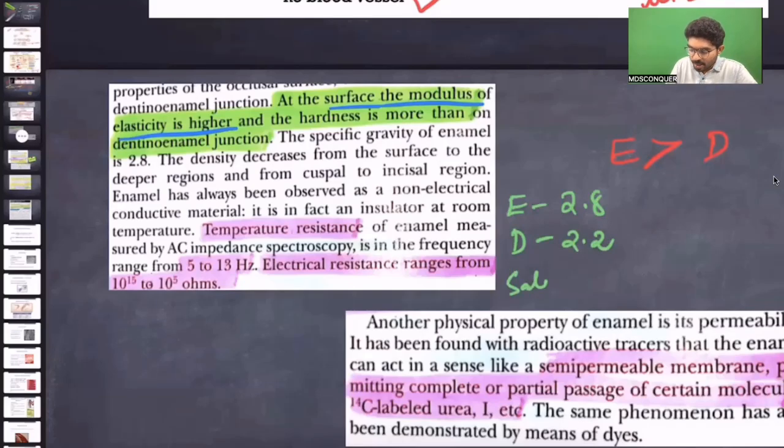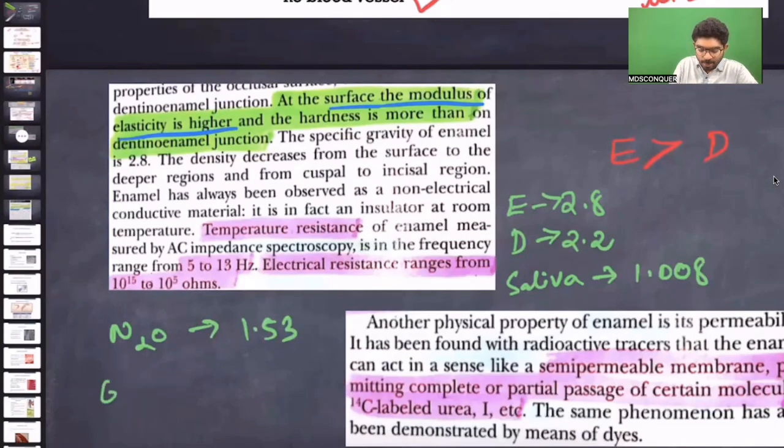Saliva, anyone can tell me the specific gravity value of saliva? Very good, 1.008. Nitrous oxide, specific gravity of nitrous oxide? Yes, perfect, 1.53. And now I'll be asking one question. Specific gravity of gold, anyone?